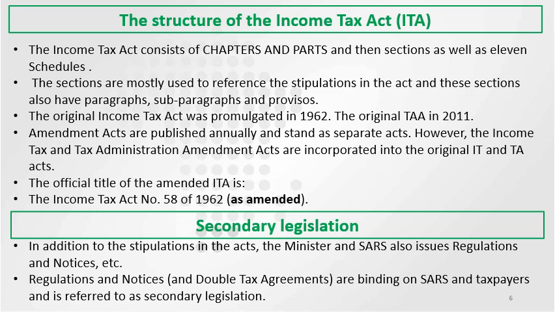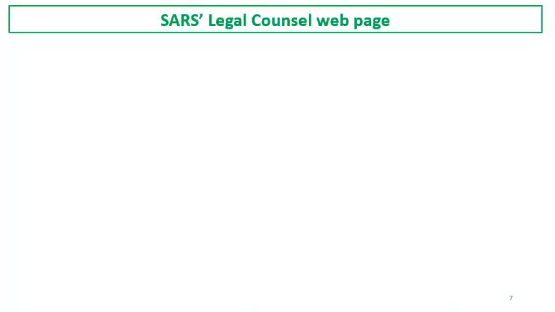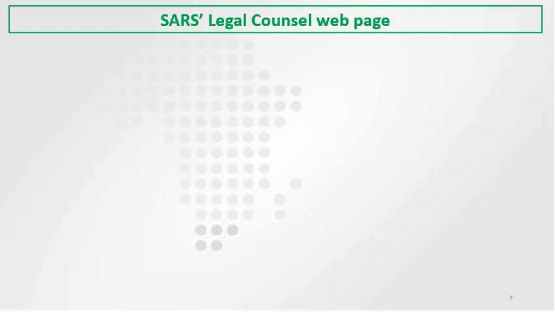Regulations and notices, including double tax agreements, are binding on SARS and taxpayers and are referred to as secondary legislation. Feel free to visit the SARS Legal Counsel webpage. I posted the link here.